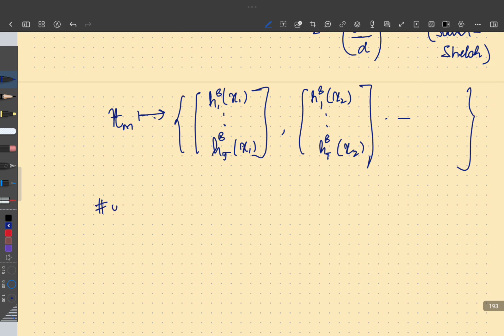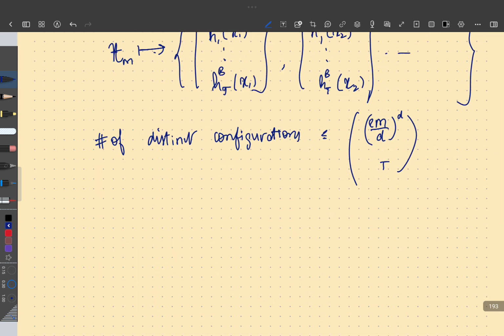So the number of distinct configurations or labelings is at most (em/d)^d choose T, and this is upper bounded, using a very loose upper bound, by at most (em/d) to the power of d times T. So there are these many possible labelings that I can generate for these m points.